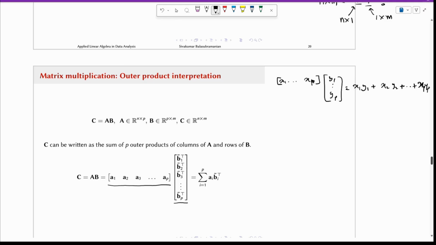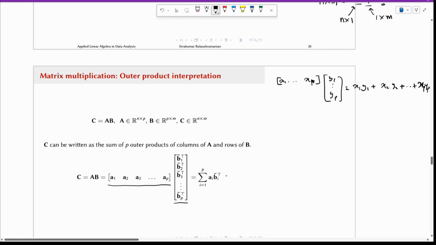You can do the same. You have p columns here, p rows here. That means I should be able to do that operation. That means my resulting inner product will simply be A1 multiplied by B1 tilde transpose plus A2 multiplied by B2 tilde transpose, so on and so forth.